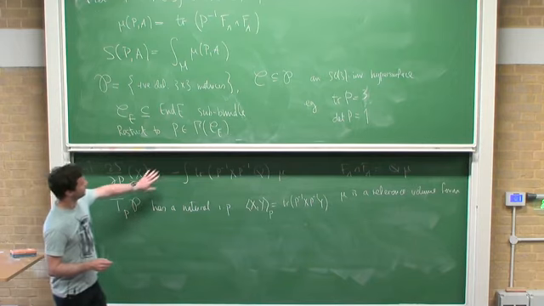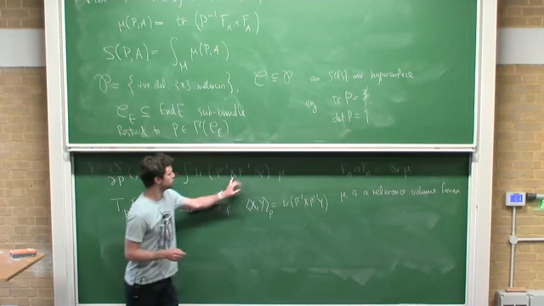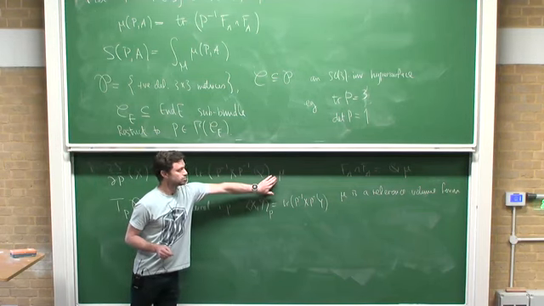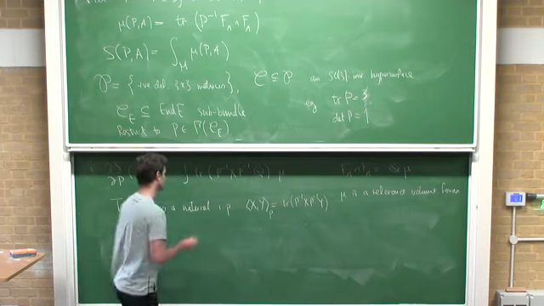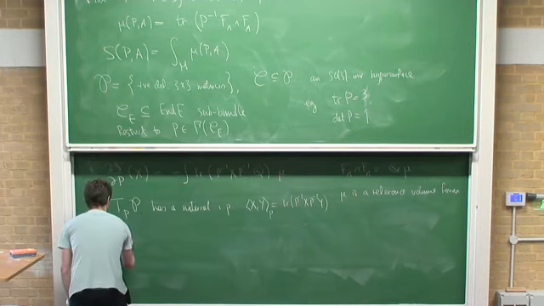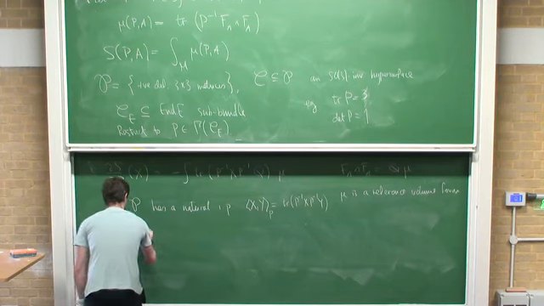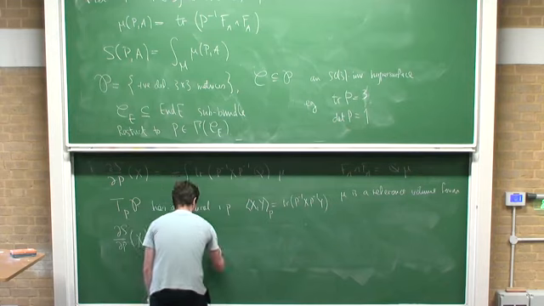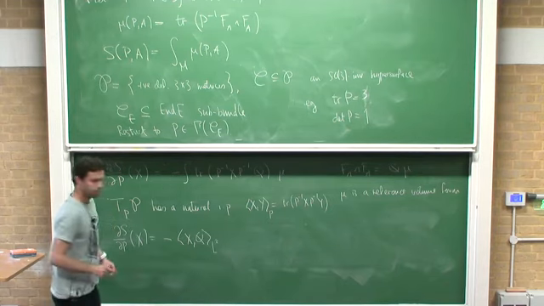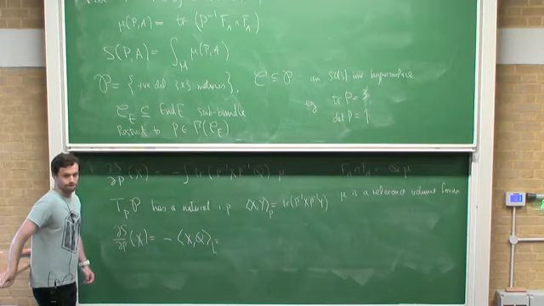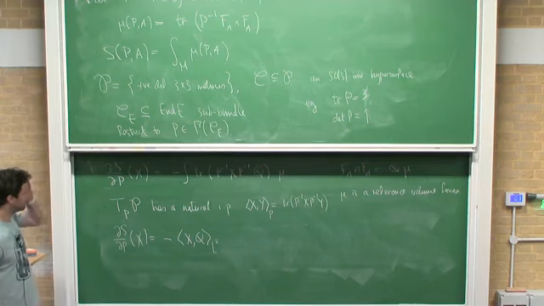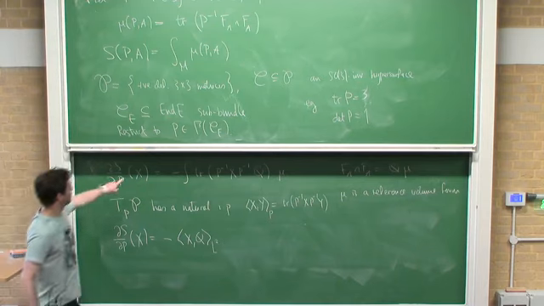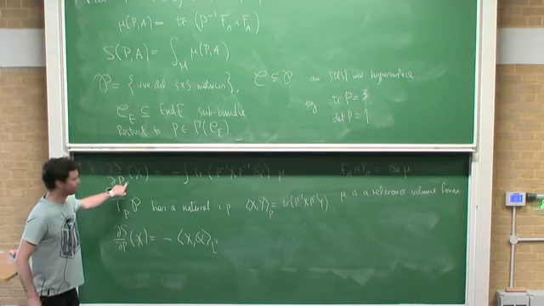And all I've done here is take the L2 inner product between x and Q using my volume form mu. So this is like minus the L2 inner product of x and Q. Where did this x come from? x is just the variation of p. Ah, sorry, it's delta p.